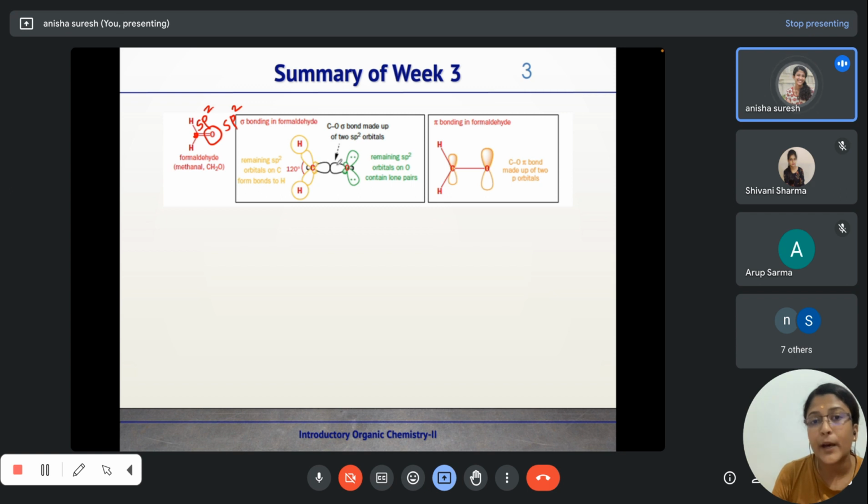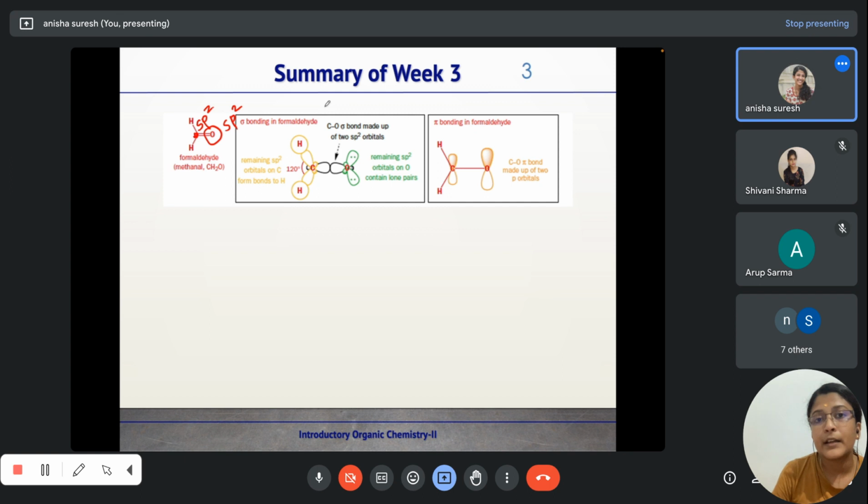One of the sp2 hybridized orbital of this carbon and the sp2 hybridized orbital of this oxygen will combine to form the CO sigma bond. Then it will be having two more sp2 hybridized orbitals. So it will be combining with the hydrogen atom to form this carbon hydrogen sigma bond. So this bond angle will be 120 degree.